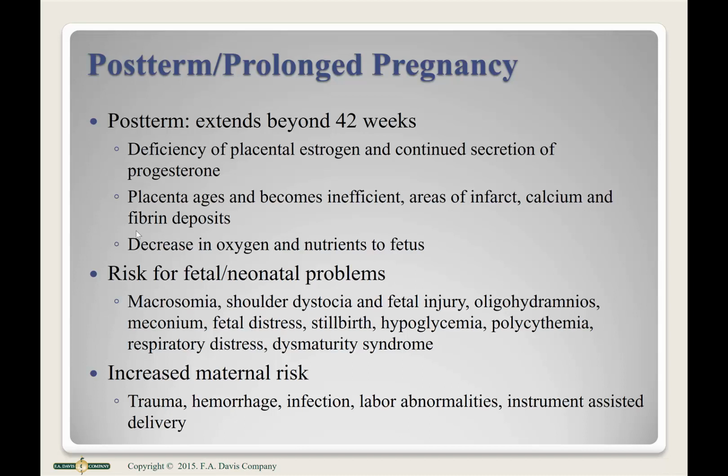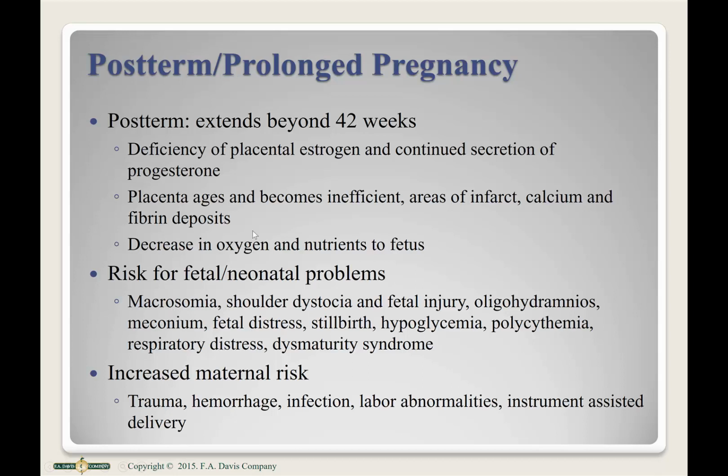The other thing with the babies that go beyond 42 weeks is that they can be severely huge babies. The closer you get to a 3-month-old baby, the bigger the baby is, right? Well, that's kind of an exaggeration, but these babies can get bigger.